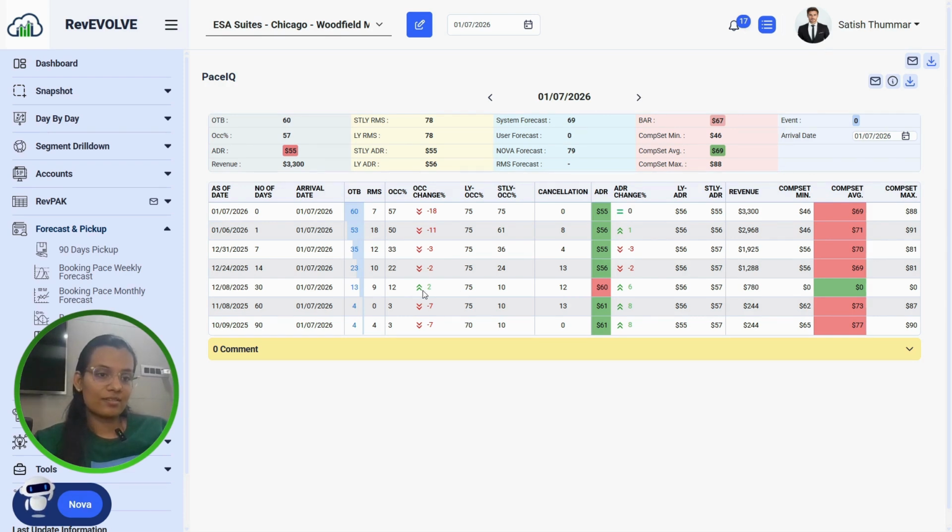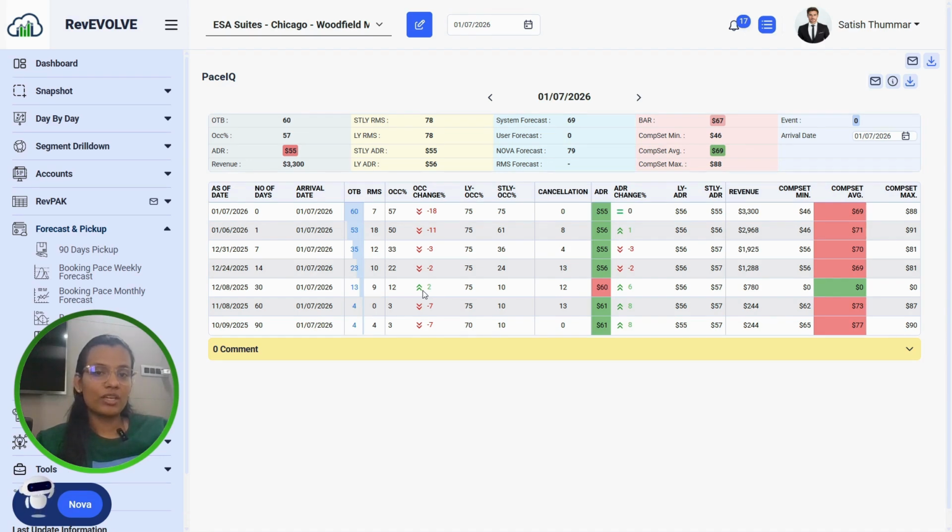So yeah, this is an opportunity signal for us. By seeing this widget, we get to know which rate should be changed for which date. This is a very strategic insight, a potential insight, so we'll definitely look into this.